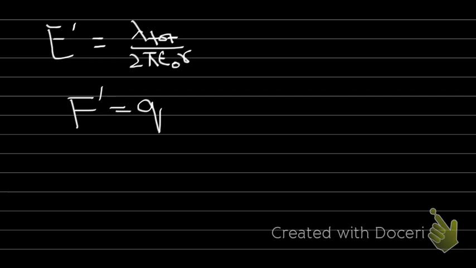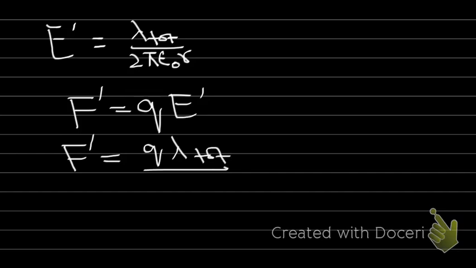So for the prime frame, F prime is equal to Q times E prime, right? And now all you have to do is substitute the value of E prime, and so you would get F prime, that would be Q lambda total, that is the total charge density, over 2 pi epsilon naught times R.